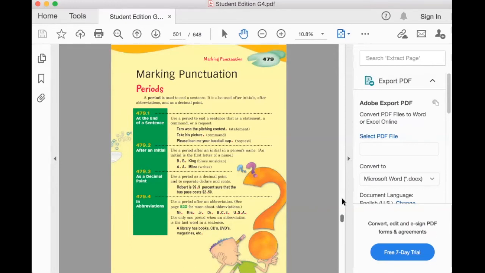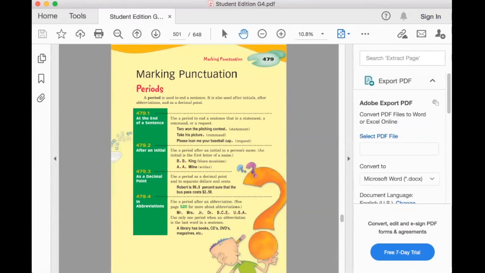Marking punctuation, periods. A period is used to end a sentence. It is also used after initials, after abbreviations, and as a decimal point. Very good.